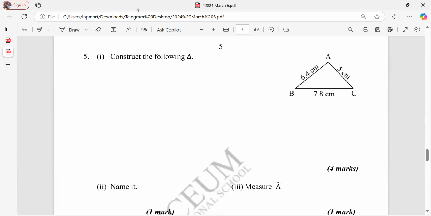For this, I have done a separate live video to cover all the constructions from the beginning: how to identify the parts of the compass, how to get the angle values from the protractor, how to use the ruler, and how to construct angles and triangles. All these things were done in one video. So the topic is the construction. If you need more details, you can watch that video and get an idea.